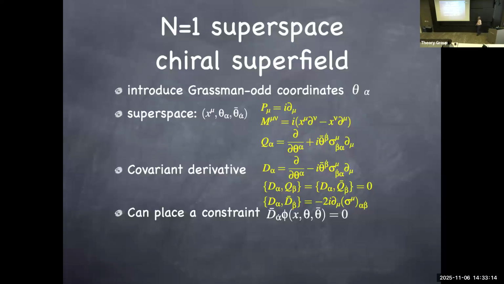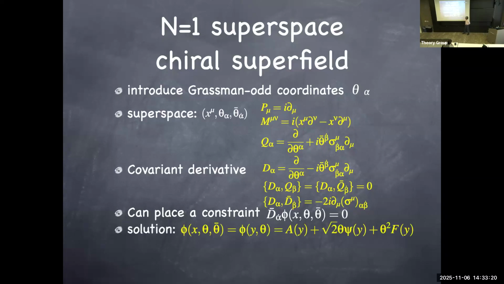In particular, we can also place a constraint on some of these superfields, which are functions of x, theta and theta bar. If you use this constraint, you can write down a solution to the constraint in terms of a complex scalar field, a left-handed Weyl fermion, and some auxiliary component.